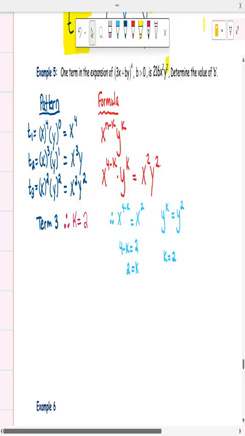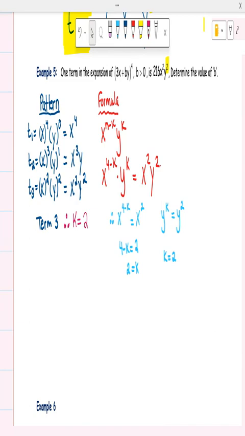Okay? So worst case scenario, you had a brain fart and you cannot for the life of you figure out what k is. Could you still get the question right? Yeah, because technically, could you just use the binomial theorem and put 1 in for k, 2 in for k, 3 in for k until you got the term that got an x squared, y squared? Yeah, that would be the worst, miserable kind of idea to do it. But you could, okay?